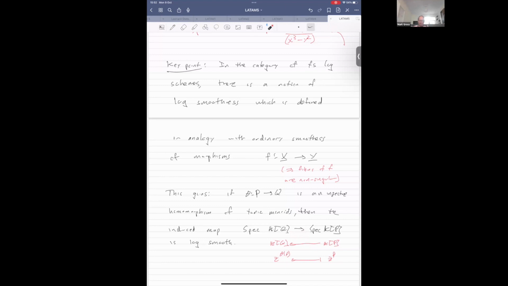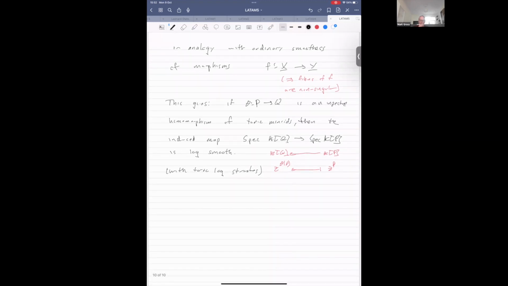Again, these are with the toric log structures. For example, take P to be 0, we get spec k bracket q to spec k is log smooth.